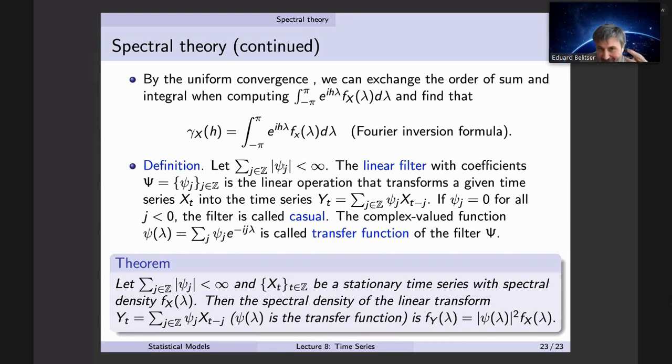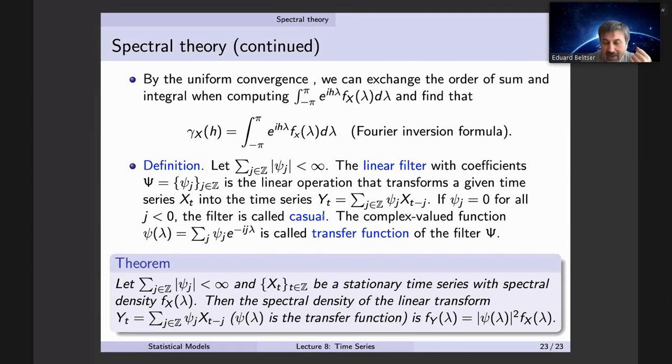Suppose this series converges, so that this function exists. Think of those numbers as Fourier coefficients of some function, and that function is called the transfer function. You can always compute that function if you have those numbers. It's just an infinite series. Now you have your original time series and the transformed time series.